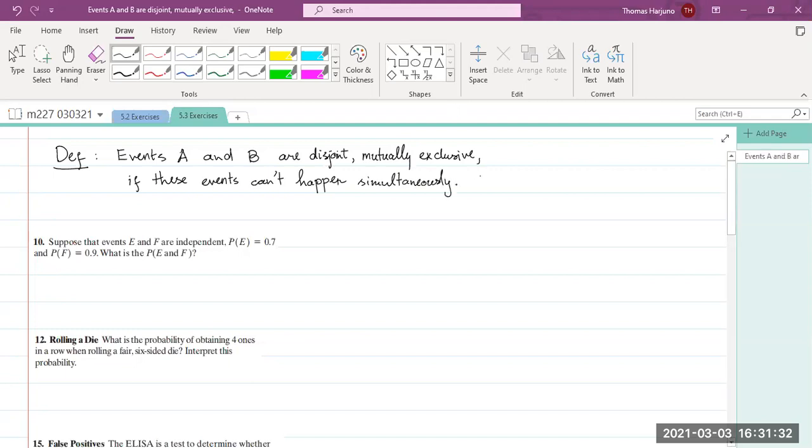And we denote that by A intersection B is the empty set.